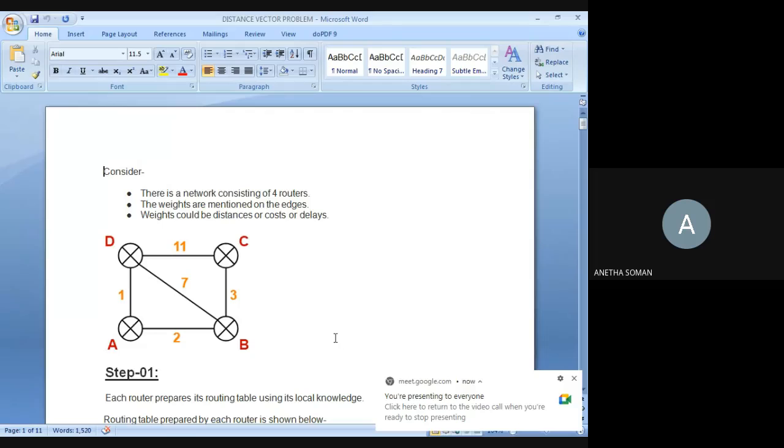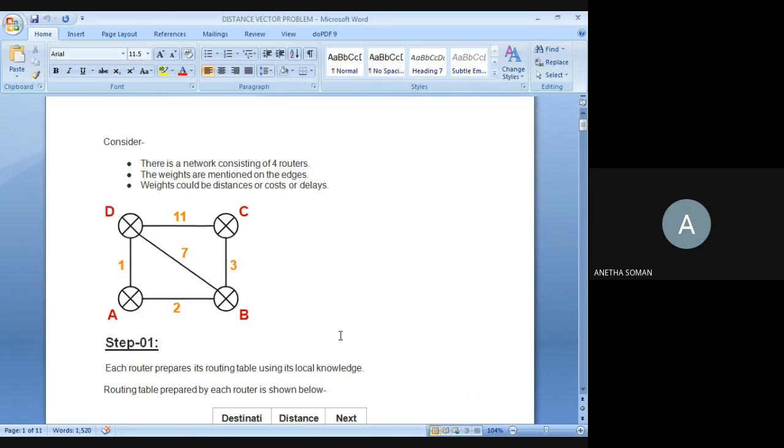So with respect to router A, what is the routing table? Write down for router A. The initial routing table is. Now, what are the 3 columns in that? D, C, and H. Destination, the cost, and the hop.